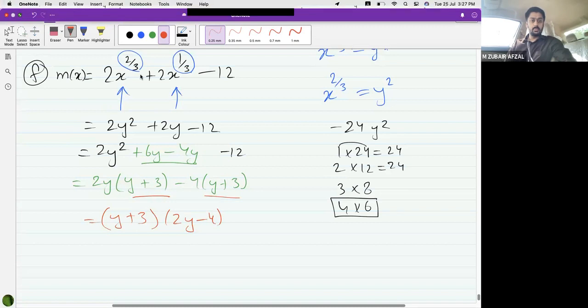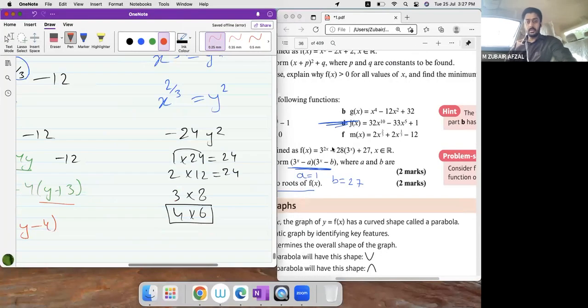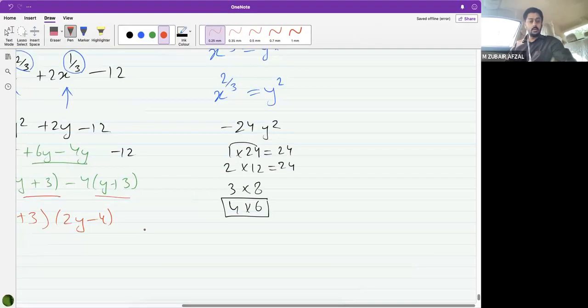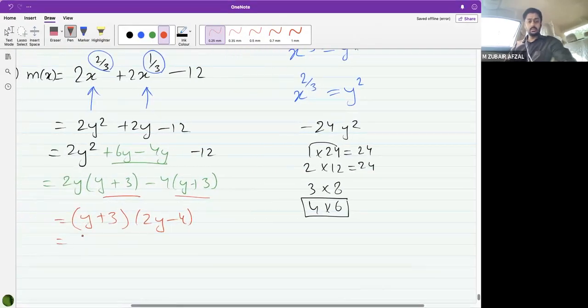And let me see what the demand of the question was: find all the roots. So we can say y plus 3 is equal to 0 and 2y minus 4 is equal to 0. So 2y is equal to 4, y is equal to 2, and y is equal to minus 3.